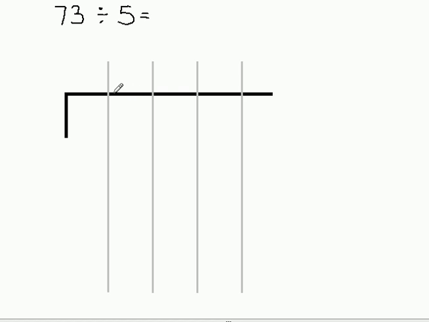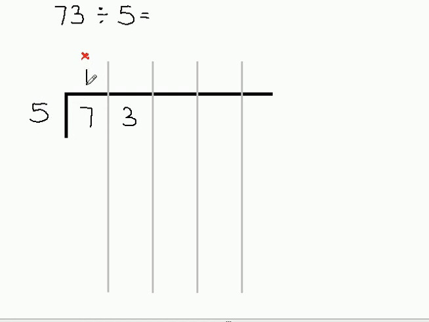Let's have a go at 73 divided by 5. The first number, no matter how big or small it is, goes into the division frame, 1 digit per column, and the 5 in this case goes out the front there. So we'll start again. Starting from the left, I'll do this column first. So I ask myself, how many times does this go into this?